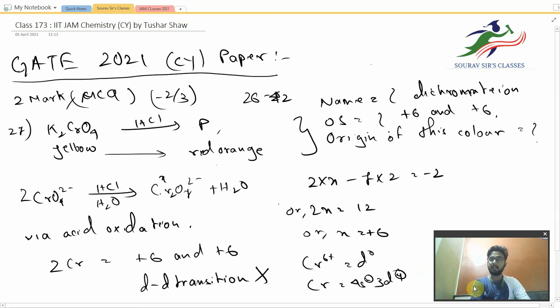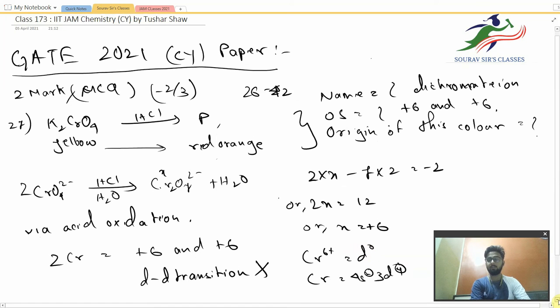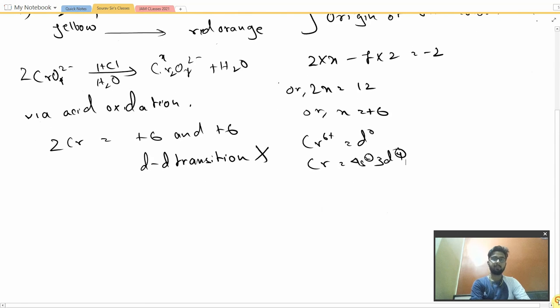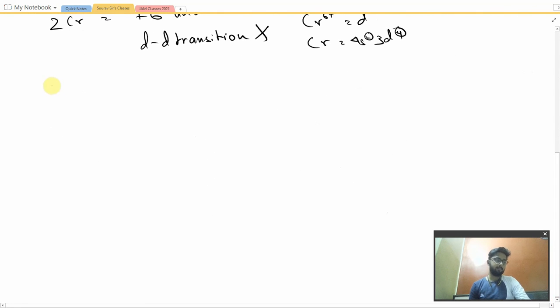So in this case, charge transfer takes place from oxygen to the chromium species. Option B says dichromate ion, +6 and +6, and charge transfer, so option B is the correct option.